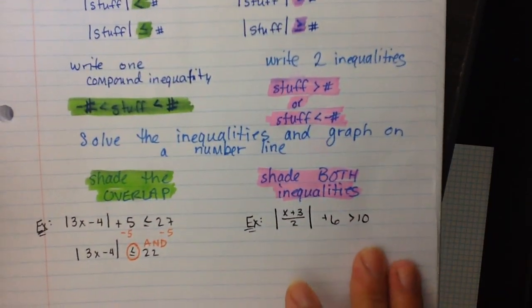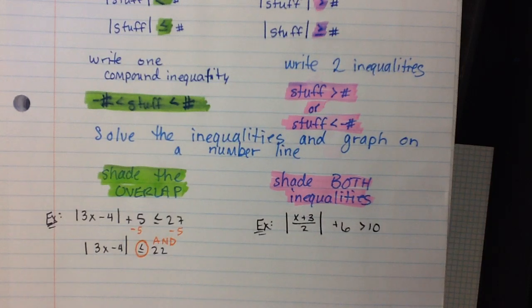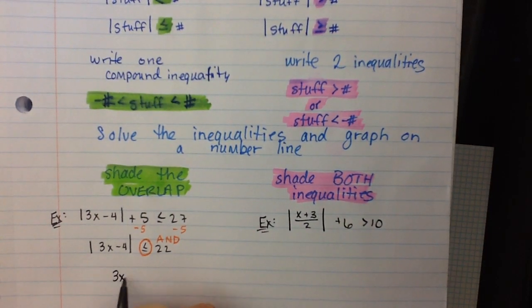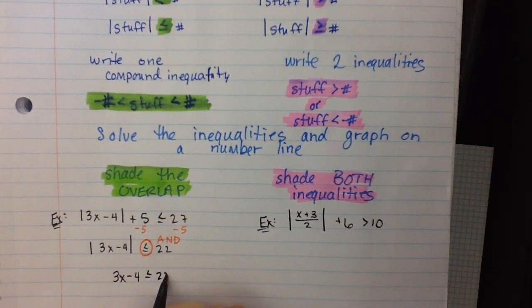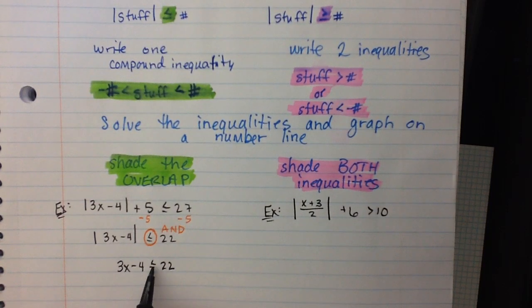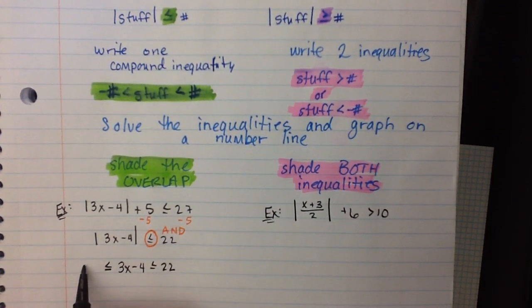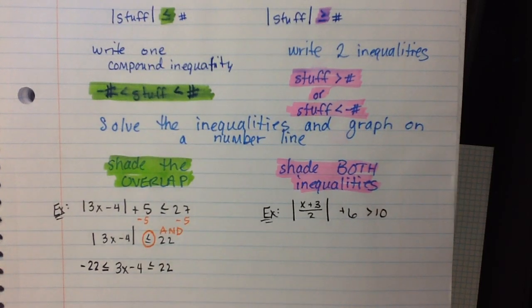And then, since it's an AND, I'm going to write one compound inequality. So I take my absolute value bars off, and I write 3x minus 4 is less than or equal to 22. And then on the other end, I'm going to write the same direction symbol, like that, and I make it a negative 22.